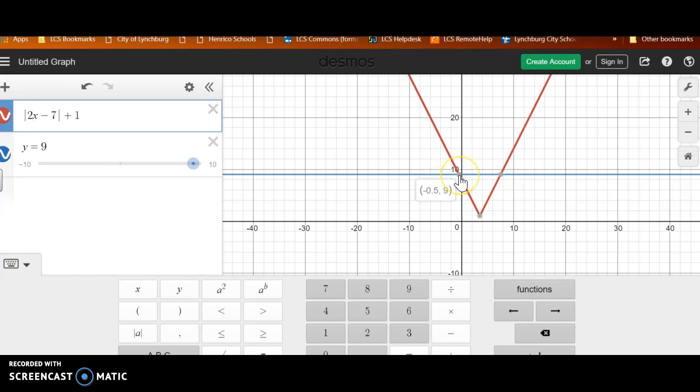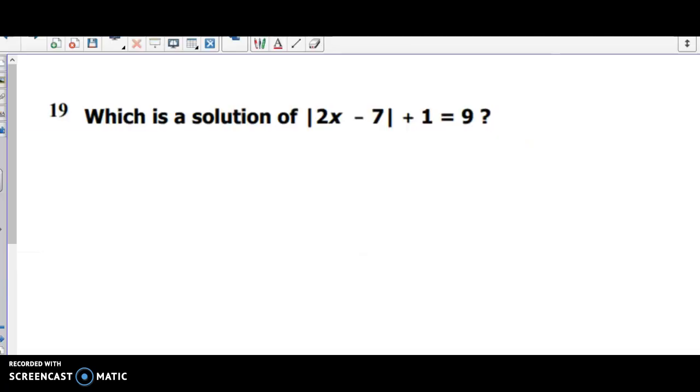So where they intersect is at -1/2 and 7/2.